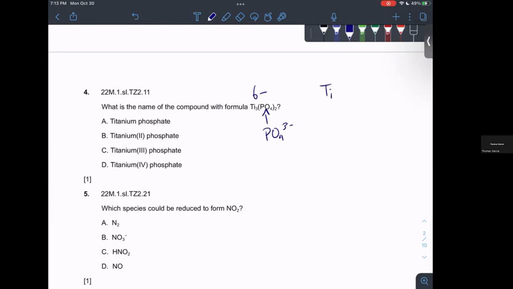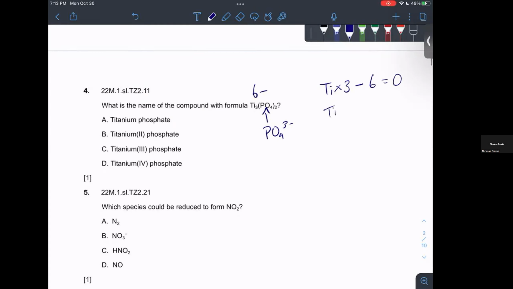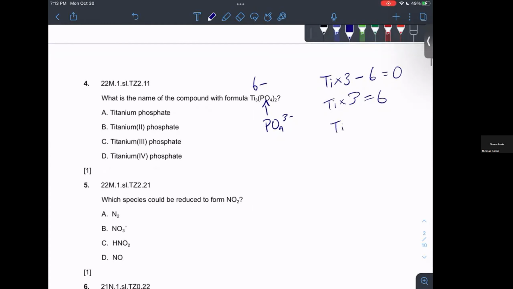So Ti, sorry, that looks like a subscript. Ti times 3 minus 6 equals 0. So that means that Ti times 3 equals 6. Ti is 2 plus. So titanium(II) phosphate. This number is literally just our oxidation state.